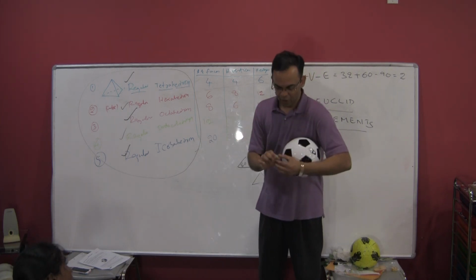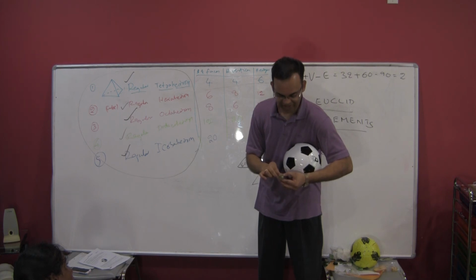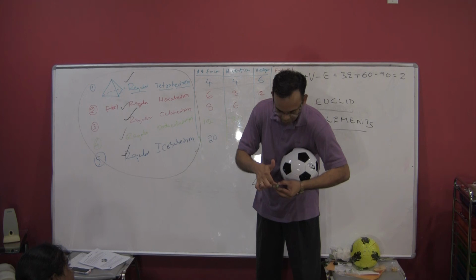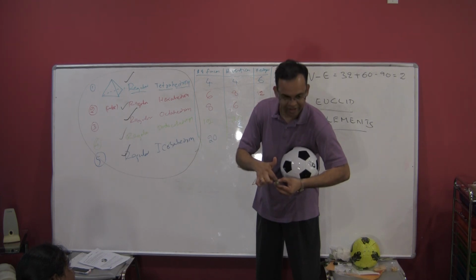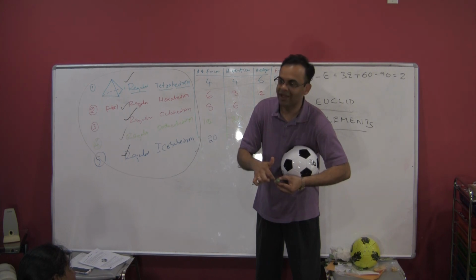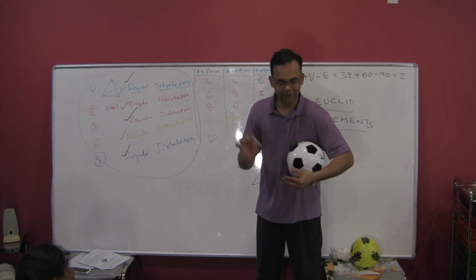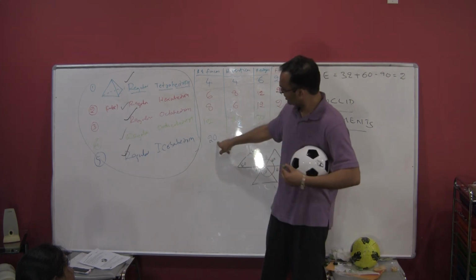Right? Now, what happens to the triangular faces? When you make a cut at each triangular face, you will have one vertex here, one vertex here, one here. You will end up with 6 vertices. So you make a hexagon. So each of the triangles will become a hexagon now. How many triangles?